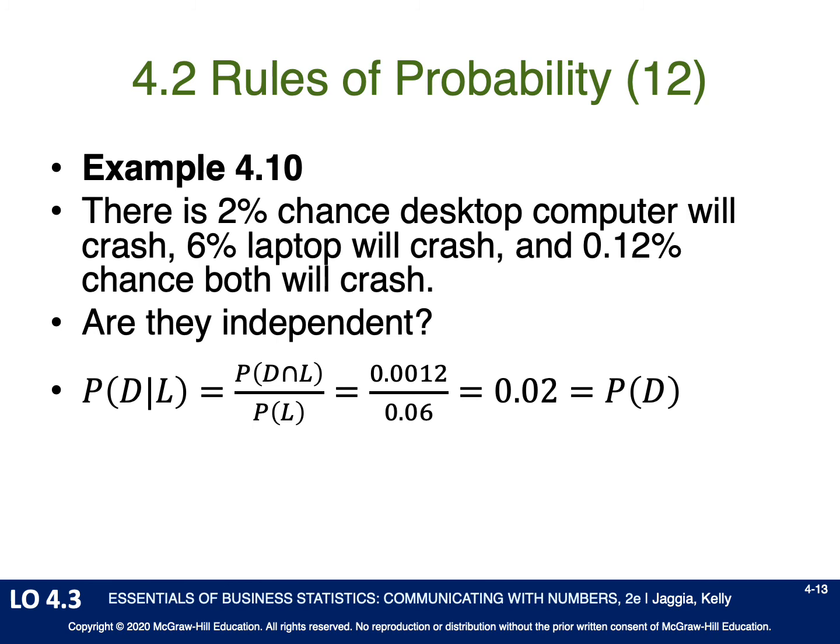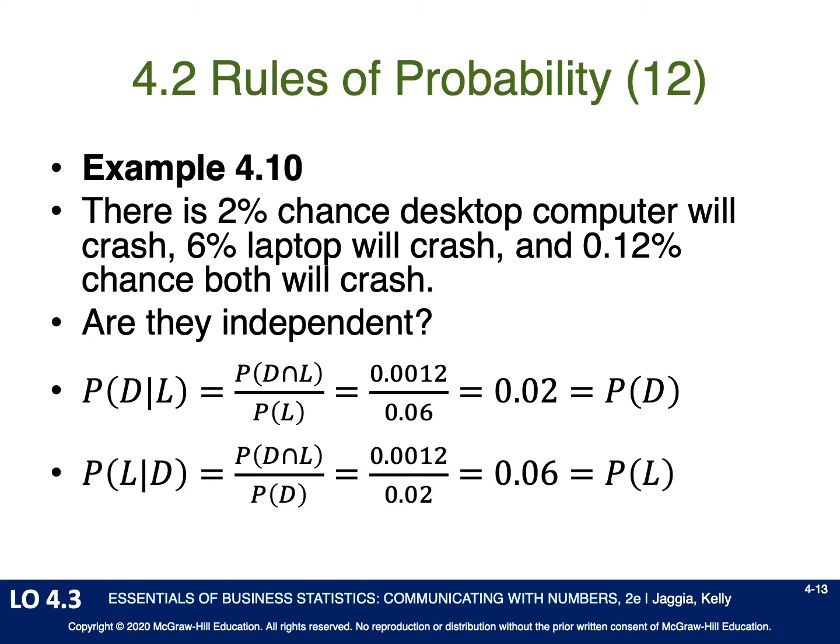So in other words, this is very, very small. So the probability of your desktop crashing does not affect the probability of your laptop crashing. If we look at it the other way, what's the probability of your laptop crashing given that your desktop crashes? It's slightly larger at 0.06, but still really small. So we would conclude that these events are independent, right?